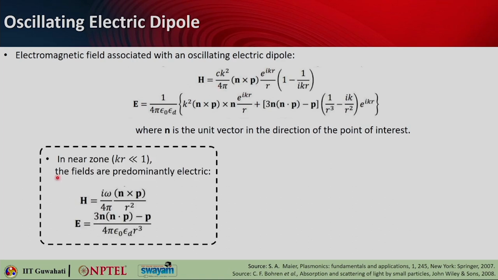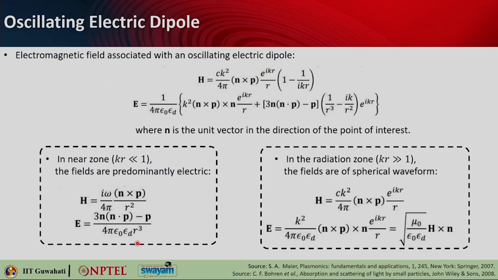Okay. So, from this you can see that in the near field the fields are predominantly electric, because in the near field regime you will get mainly electric fields, and in the radiation zone, that is when kr is much greater than 1, the fields are of spherical waveform.